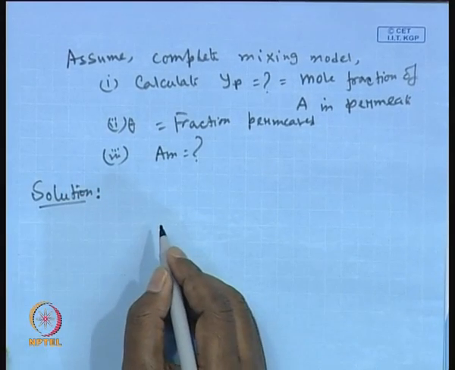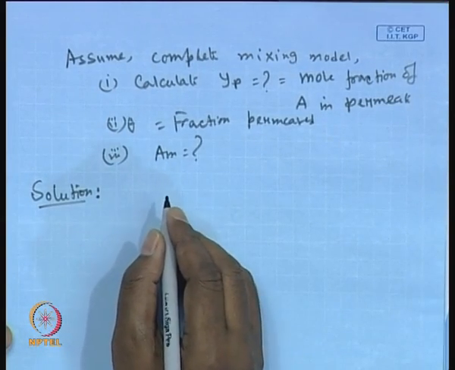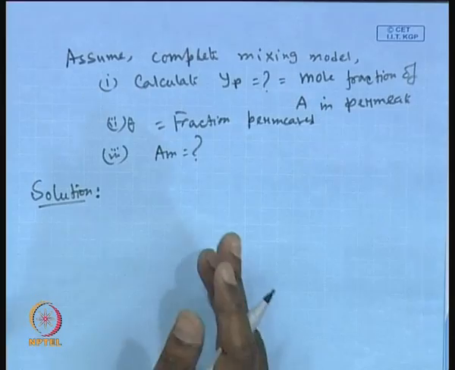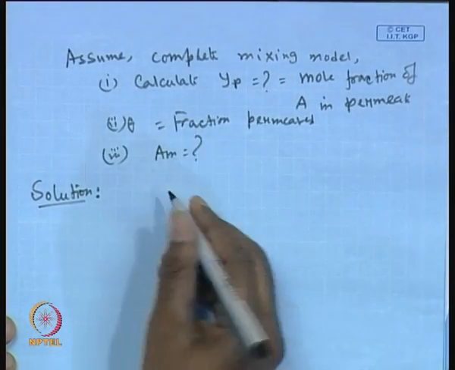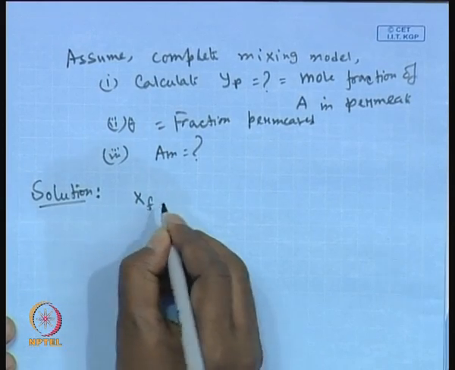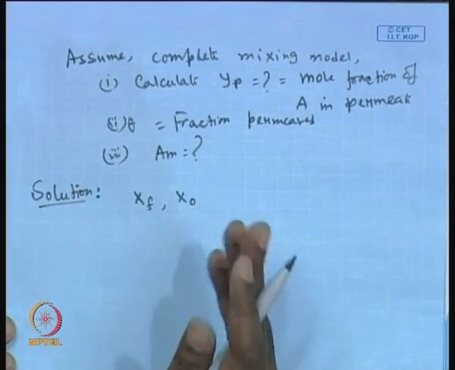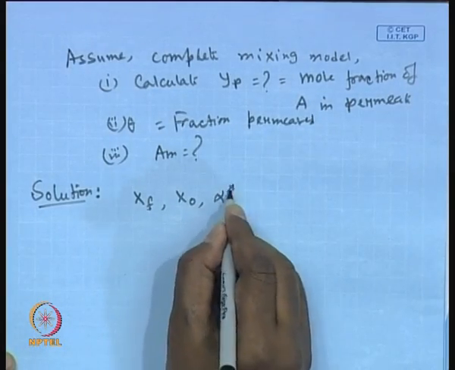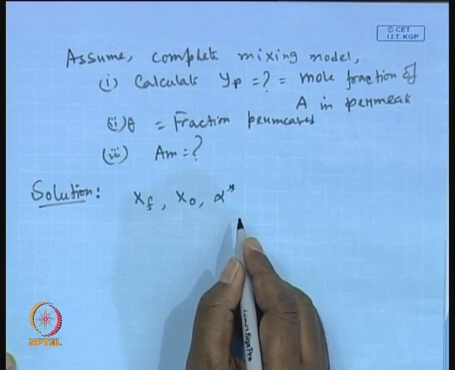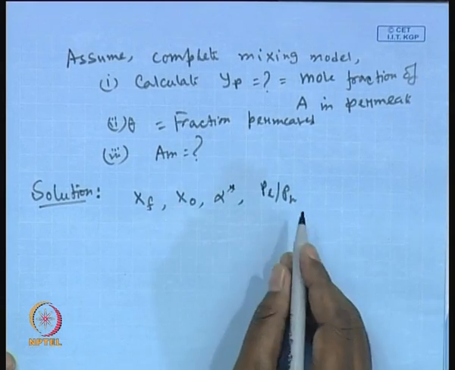So, it is a completely mixed model, and we have all the design equations. Let us write down what values of the parameters are known to us. There are 7 variables, and 4 are known. xf, the feed composition, is known; x naught, that we have set, is the composition of the reject; alpha star, the ratio of permeability of A and B, is known; PL by pH, the operating conditions, are given.